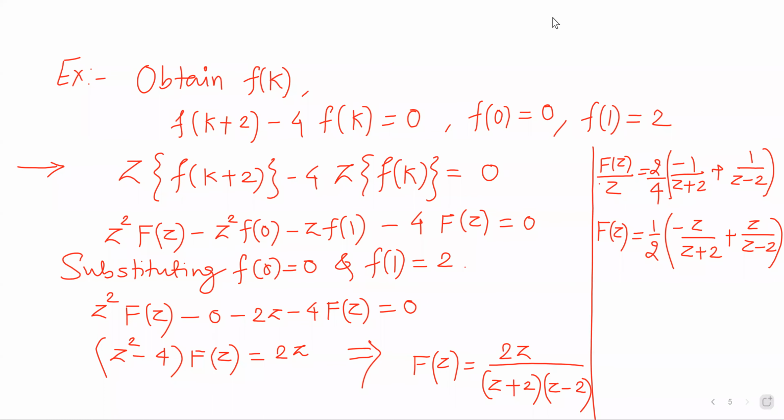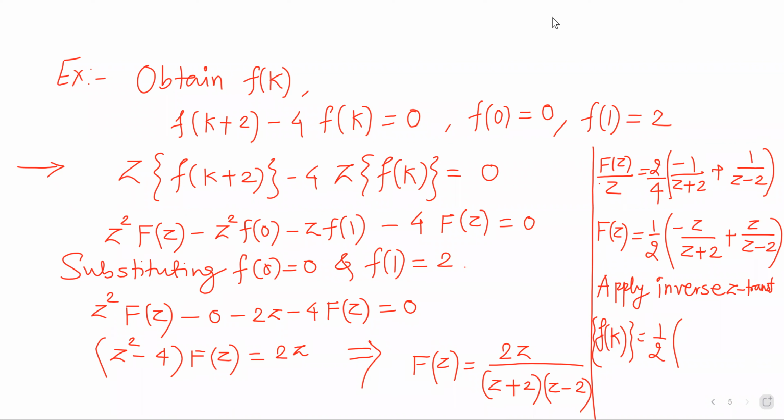Yes, I think everyone agrees with this. So this can be written as, applying inverse Z transform, we get f of k is equal to half times.